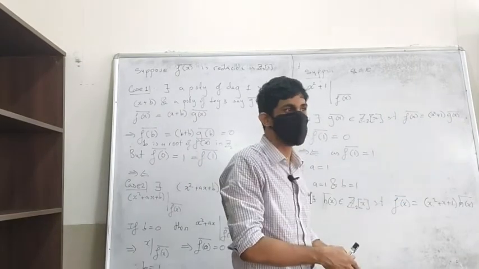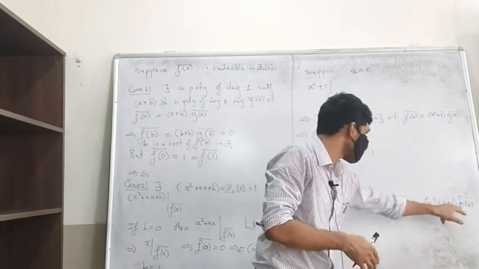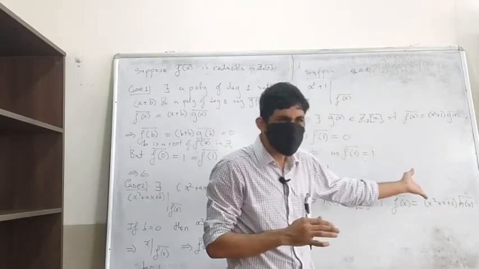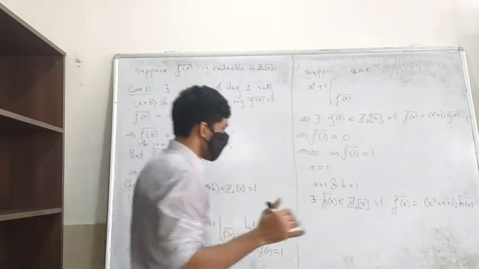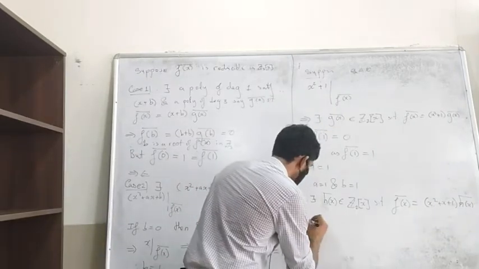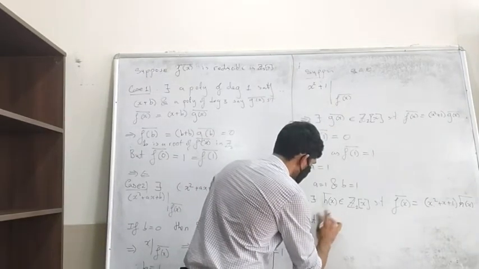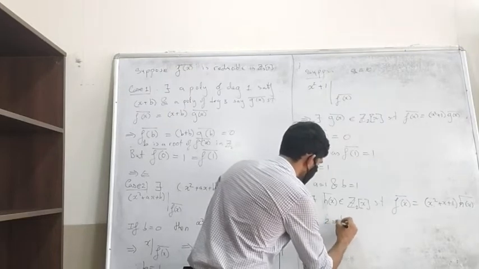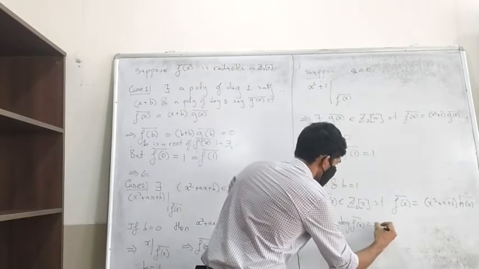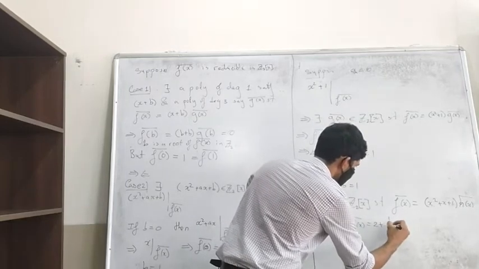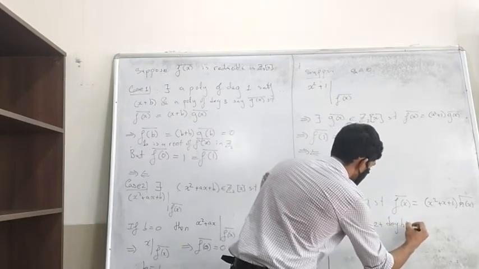You make the same argument again, you will see that this has to be the same as this. Now you just take the product and check. But what we know is that the degree of f is 2 plus the degree of h of x bar.